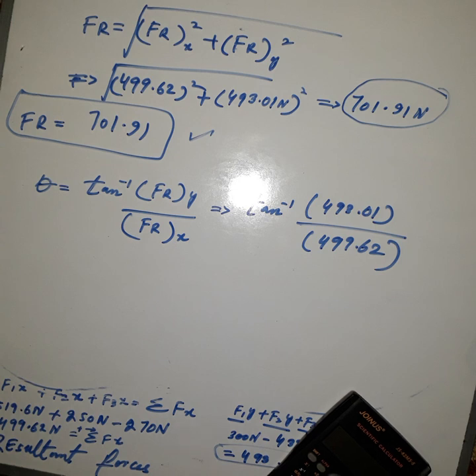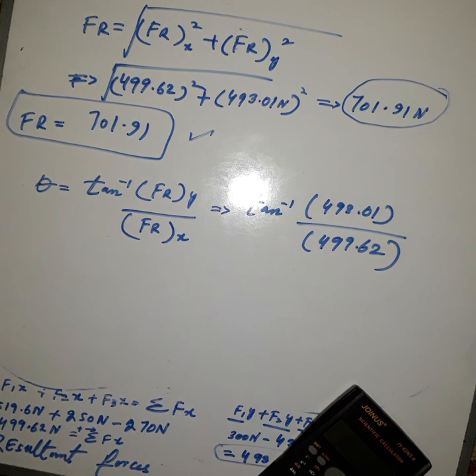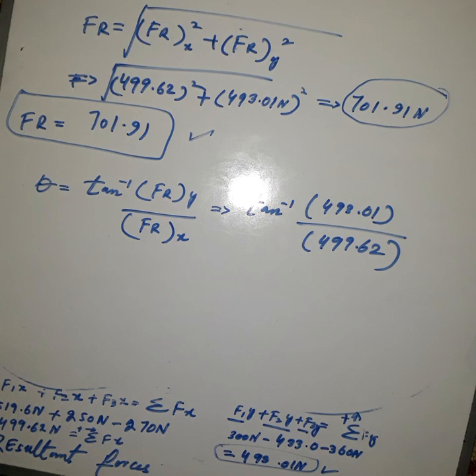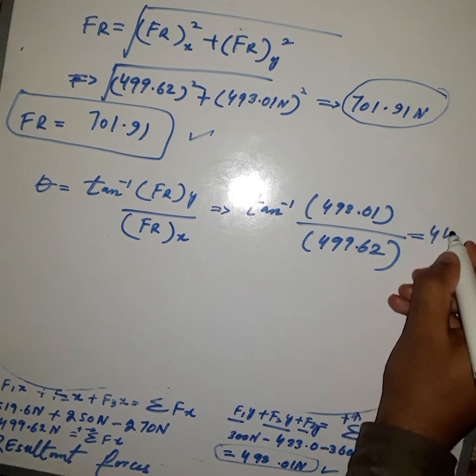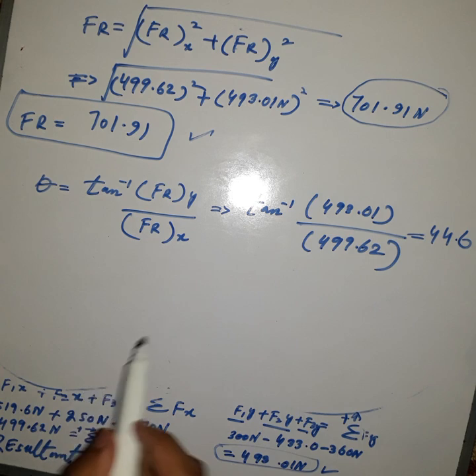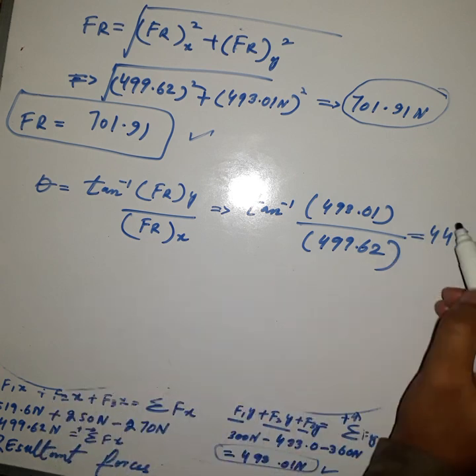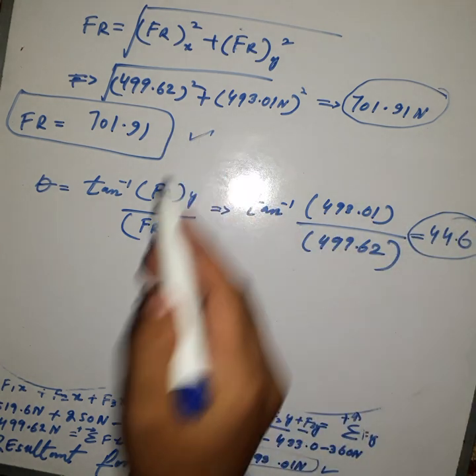Now using a calculator we will find the tangent inverse. First of all we will divide FR of y by FR of x, and now taking tangent inverse, we have an angle of 44.6. So we have calculated its angle and the resultant force.